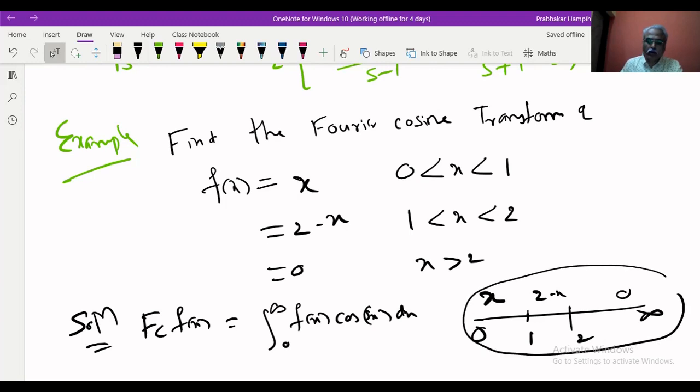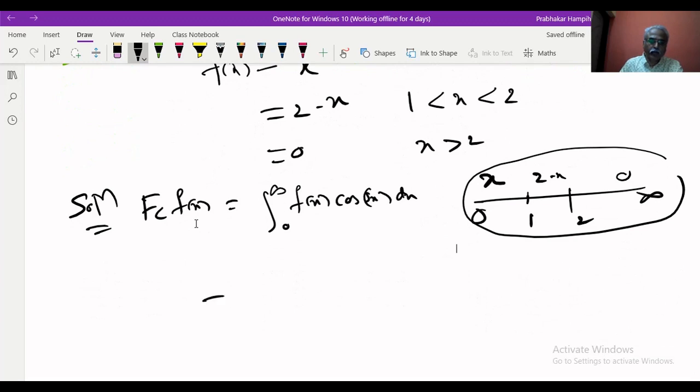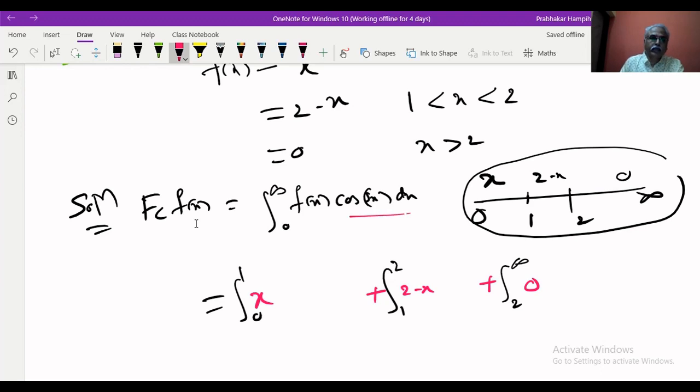If you have this picture, you can always proceed ahead. Corresponding values, if you go on substituting: first here it is x, here it is 2 minus x, here it is 0, and you have to add all these. So it is x cos sx dx plus 2 minus x cos sx dx.